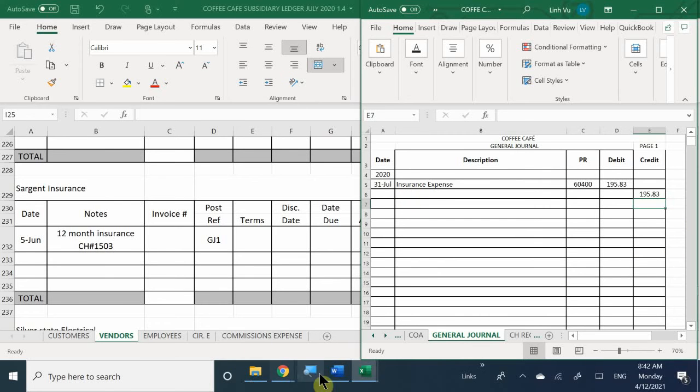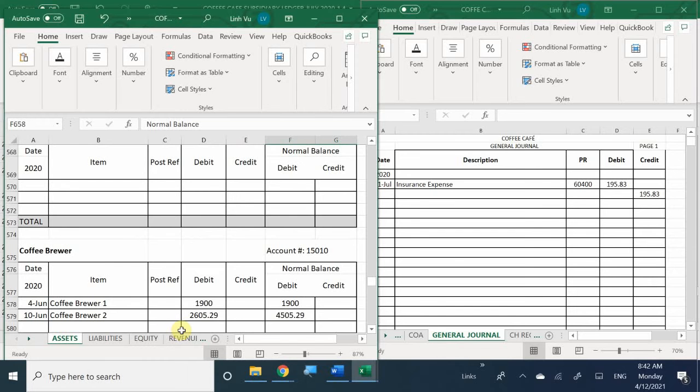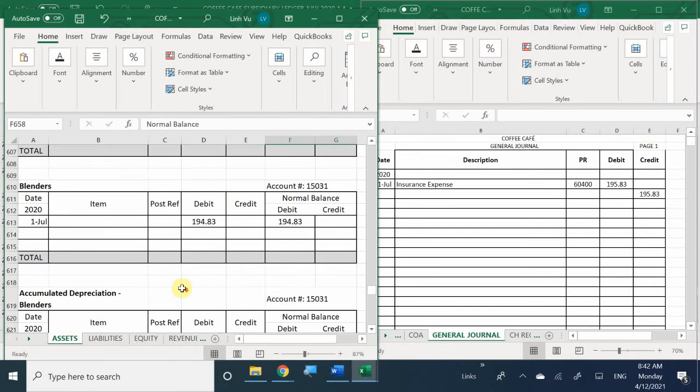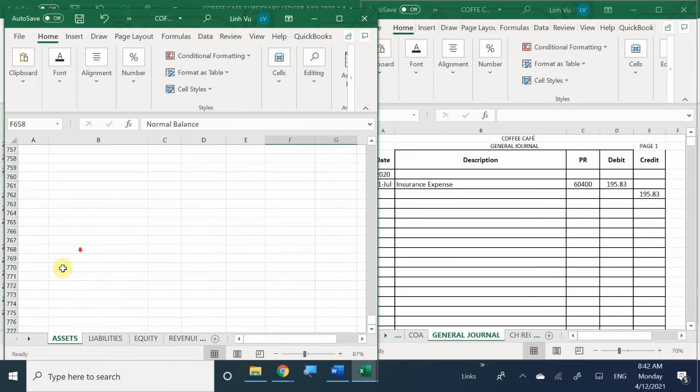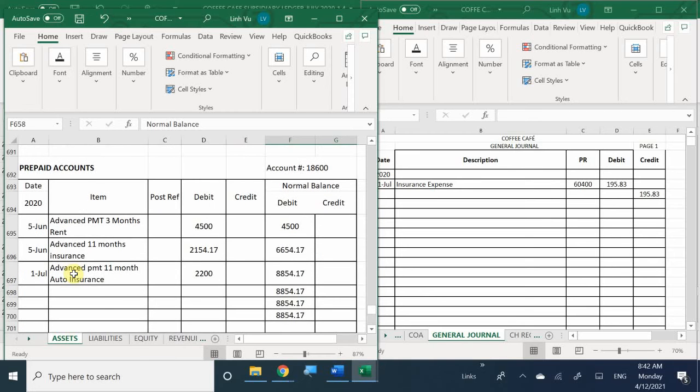Prepaid accounts. Good. Excellent. So if I go to my ledger and scroll down to prepaid accounts, what does it say here? I bought 11 months of insurance right here. Prepaid insurance for 11 months. And that means I still have $12.50 left on it.